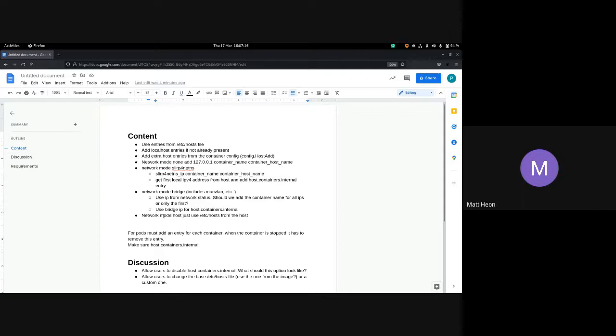As long as we're not adding duplicate entries, ideally we would combine duplicate entries, because you could have different aliases in different containers, but that shouldn't actually affect hosts.